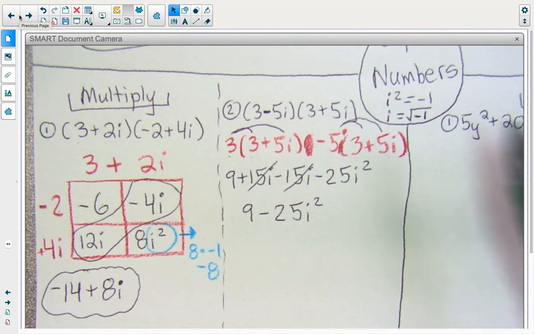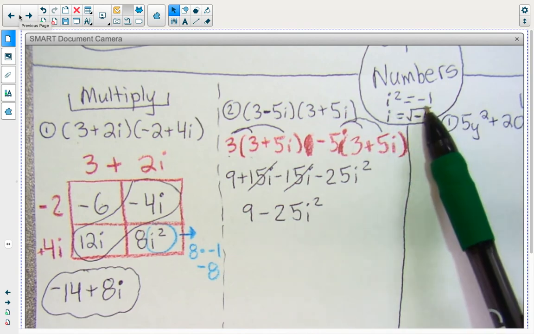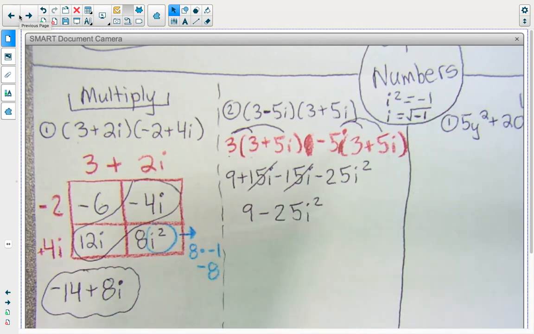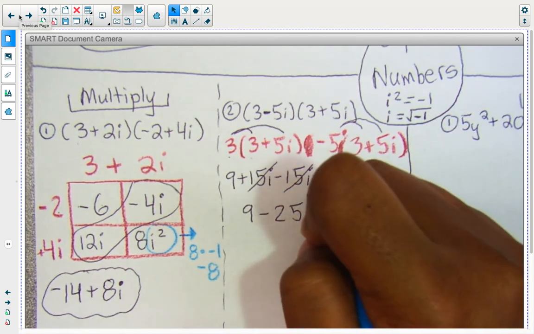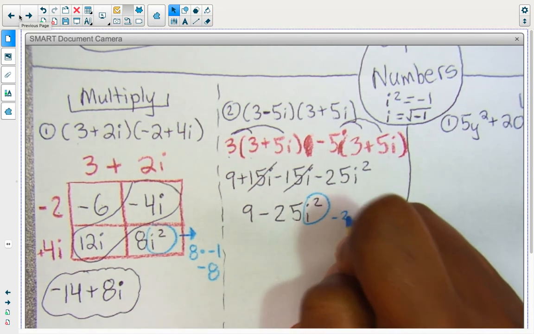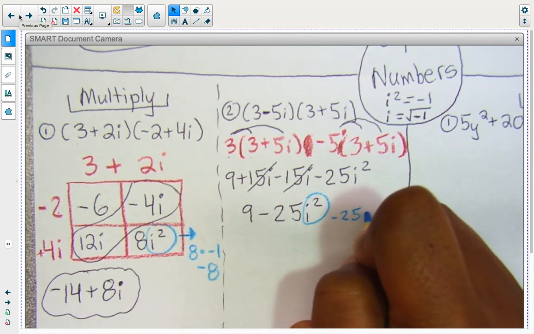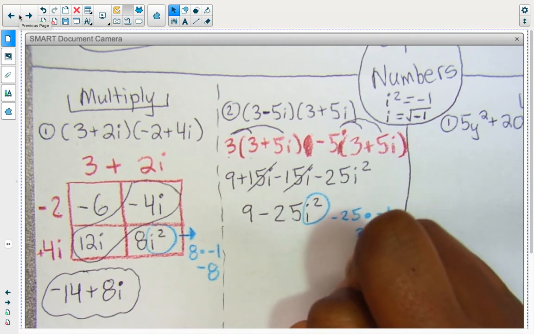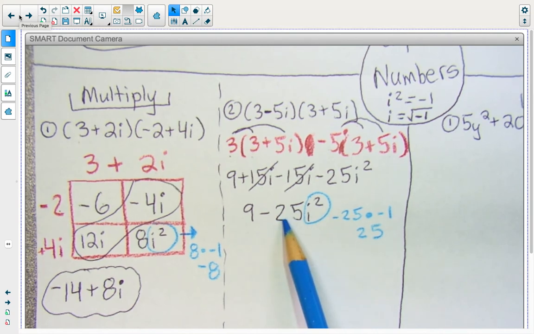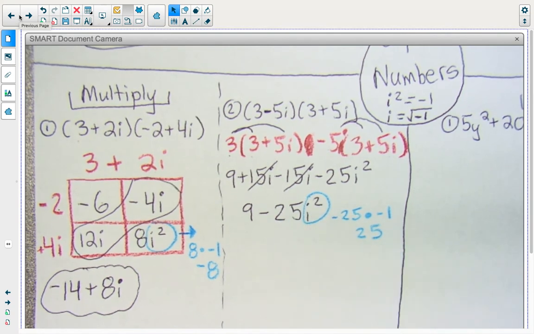Our definition, i squared equals negative 1. So I can get rid of this i squared and make it negative 1. I'm making a substitution. This is now negative 25 times negative 1, which is a positive 25.